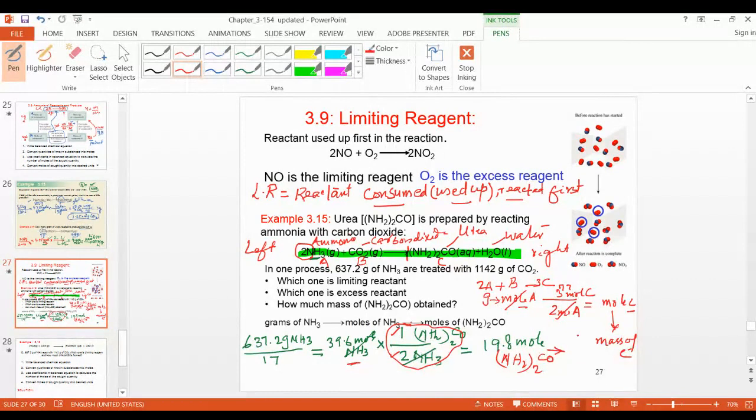So you multiply by the molar mass of urea, 60.06, and you will get 1124 grams of urea. That is this compound, which is the product here.